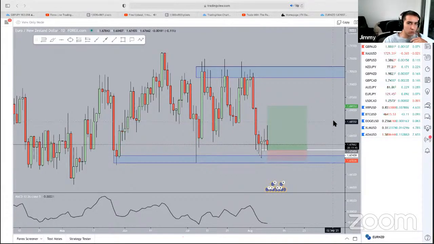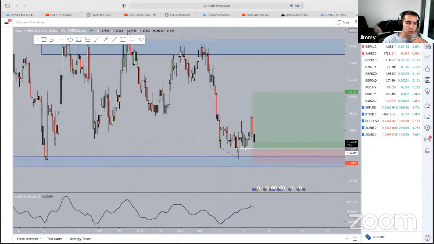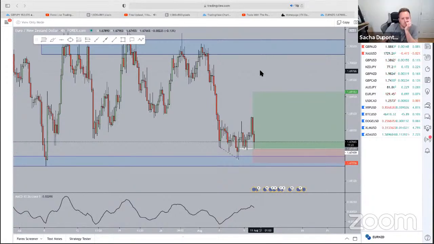So if you go on a 4-hour, okay. At this point you can say that we created a head and shoulders, reverse head and shoulders, but I'm not looking for that. I'm just looking for a simple break of structure to become a bullish structure.